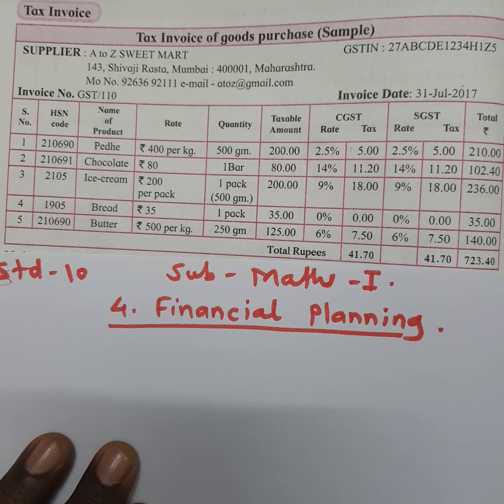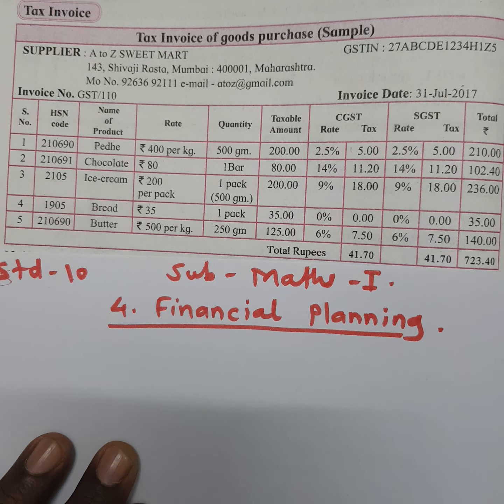Then the rate of pedha is rupees 400 per kg. The customer purchases 500 grams of pedha, therefore the amount will be 400 into 500 grams, that is half a kg, so 200 will be the taxable amount.